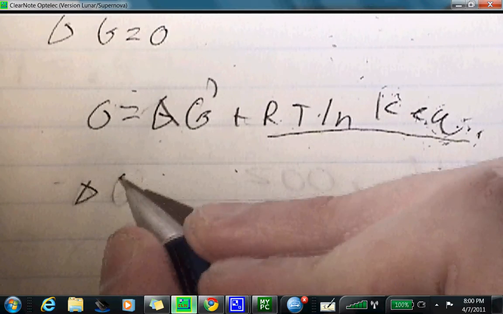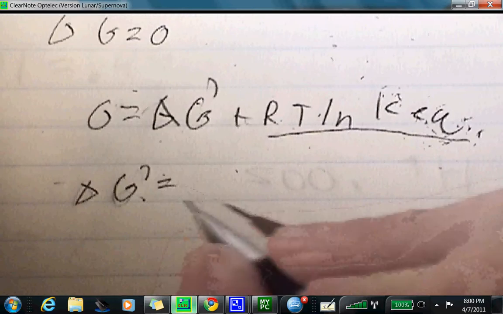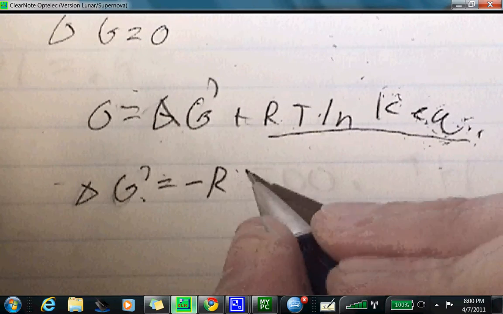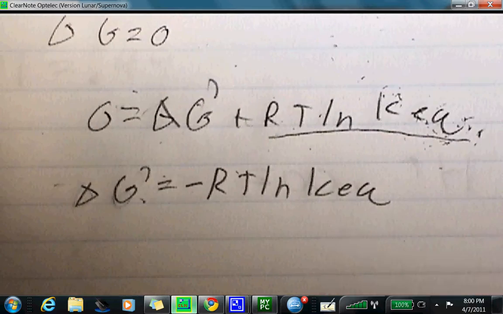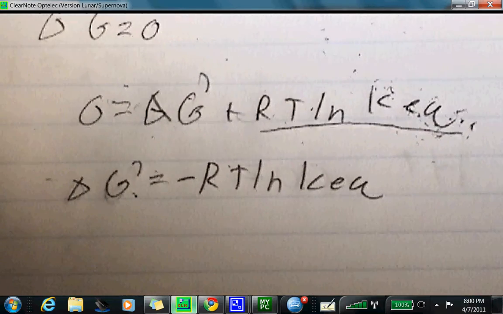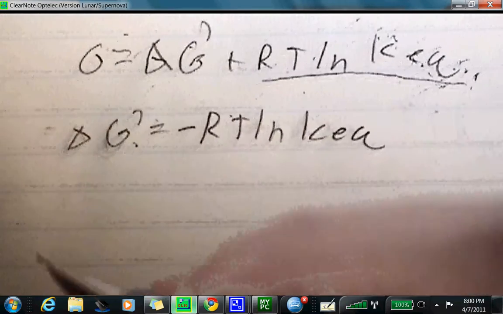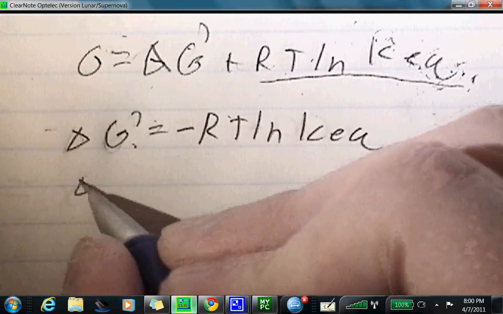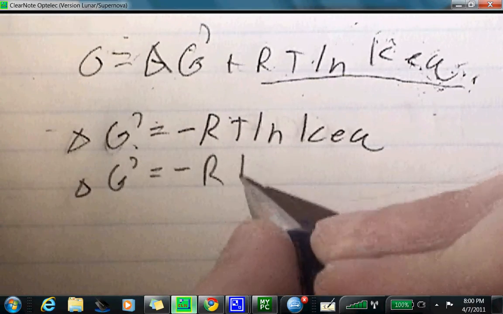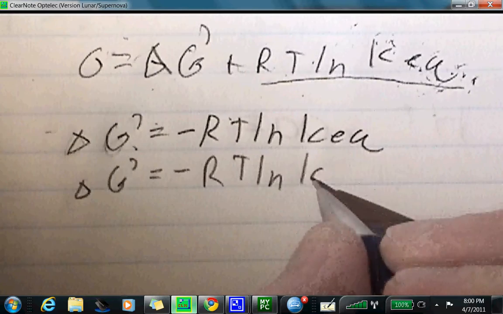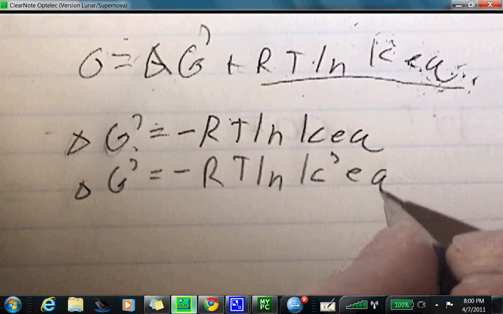So now I get delta G prime equals negative RT ln Keq. Okay, so this looks a lot like the actual equation, which is delta G prime equals negative RT ln K prime eq.